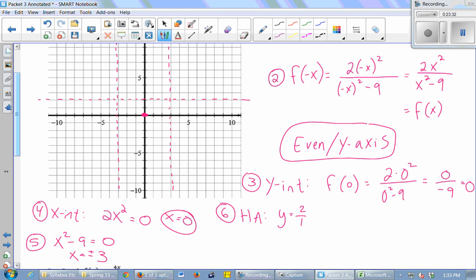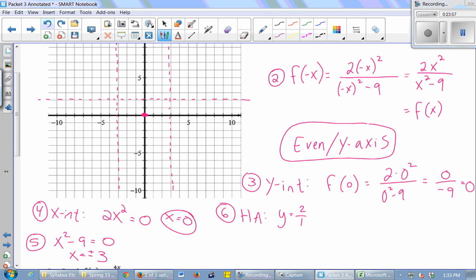And the question is, which direction do these things go, right? It could be that it goes like this, or they could both go down. We know that they have to approach the asymptotes, but I don't really know what direction they're going to approach the asymptotes in. So I need some points.